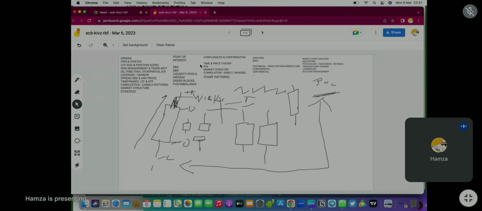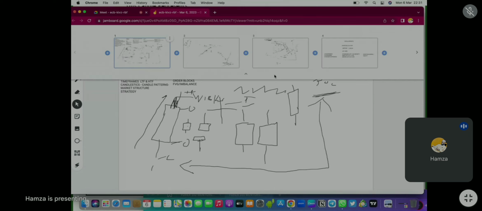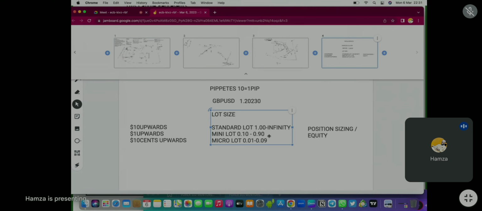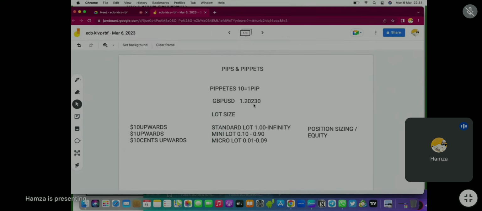When pips change to 11, currently what we have here is 23. If the pipette changes to 10, we're going to have 24. If it changes up to 29, and then boom, we have 30.